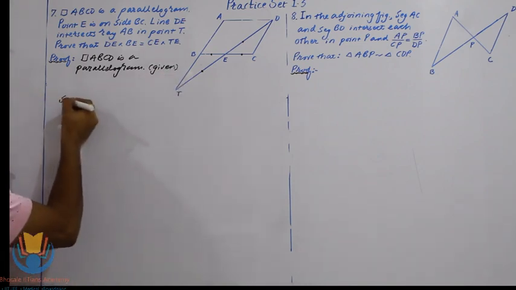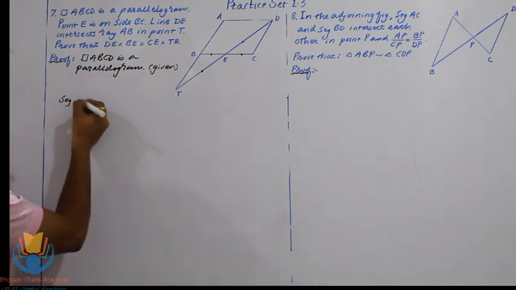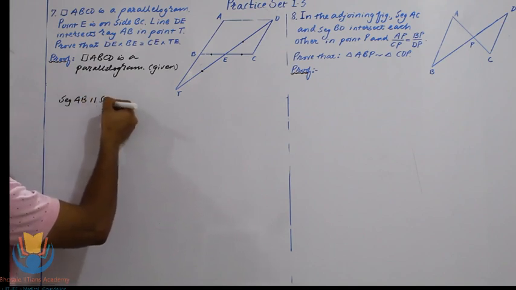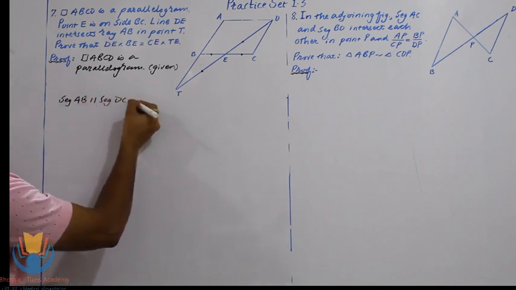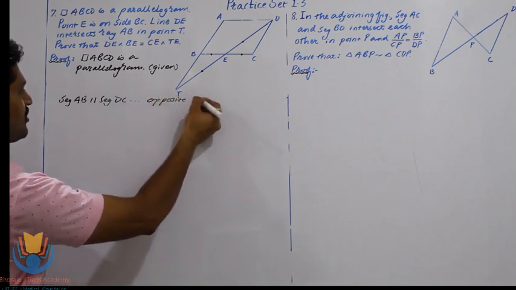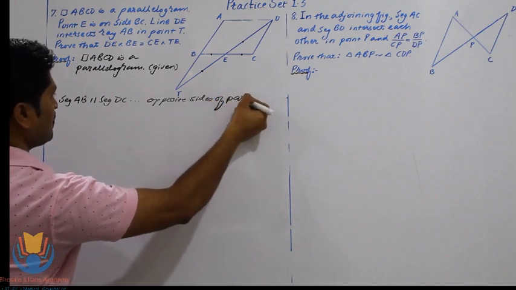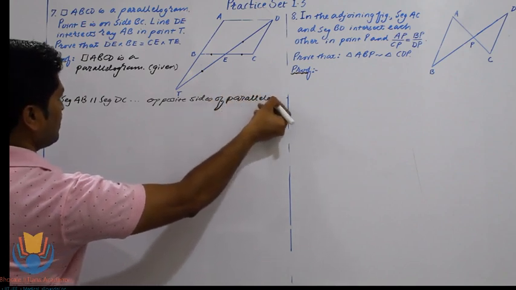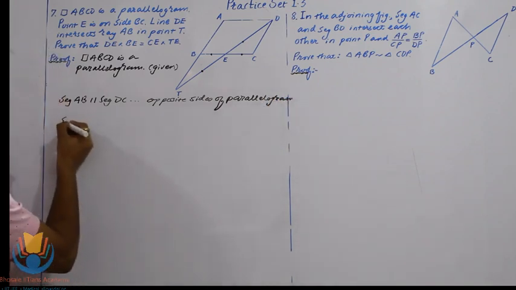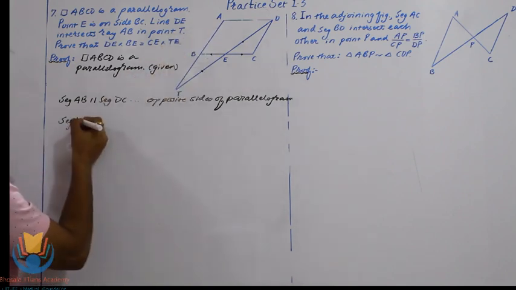So we will use this pair which is parallel to each other, that is segment AB is parallel to segment DC. So the reason will be opposite sides of parallelogram. So we will make a small change. Instead of saying AB, we can extend it up to this AT.